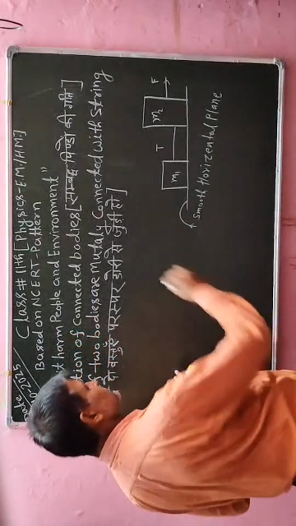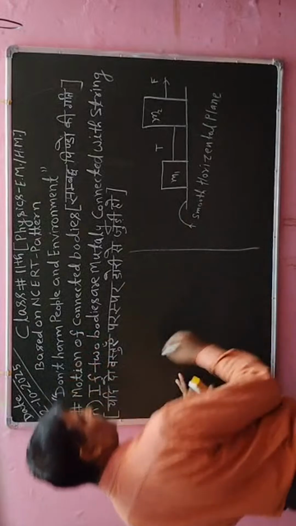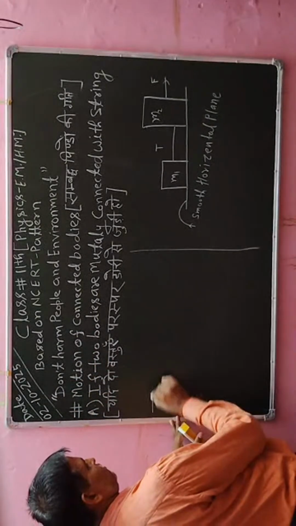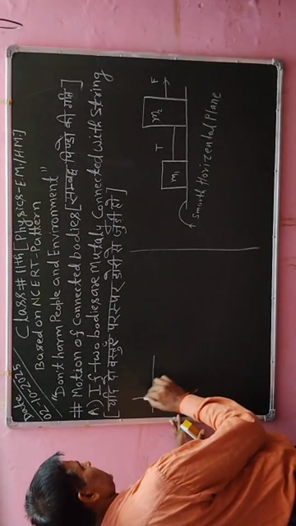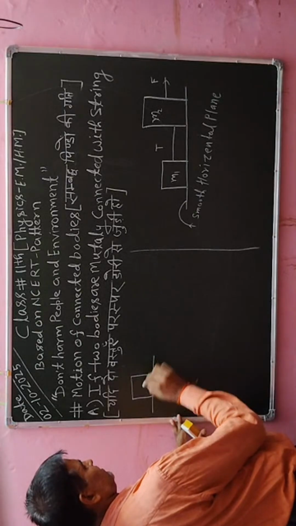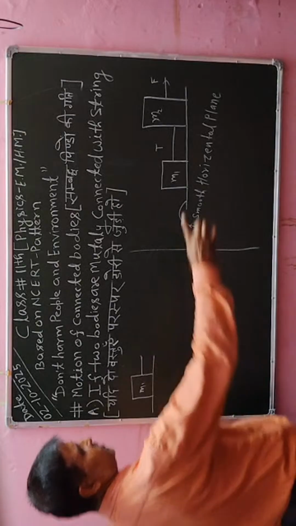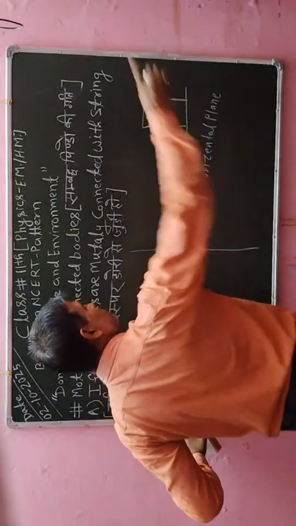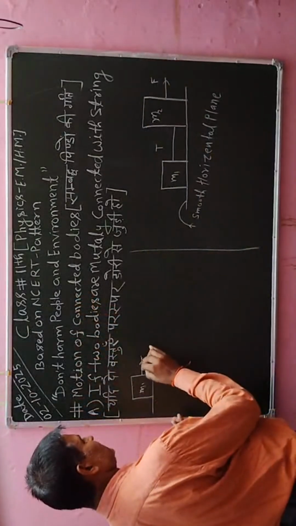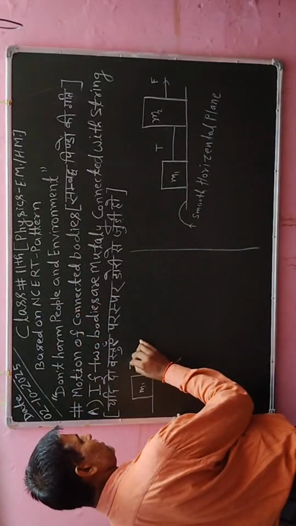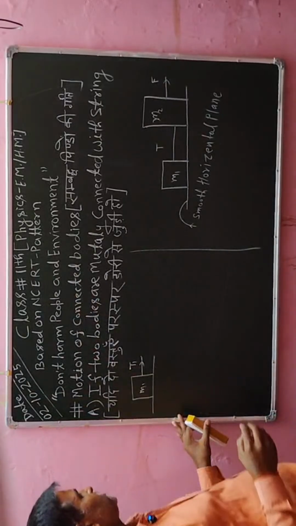In one situation, I take one smooth plane with mass m1. If the force is going forward, its direction will be this side, so there will be one tension force T1.